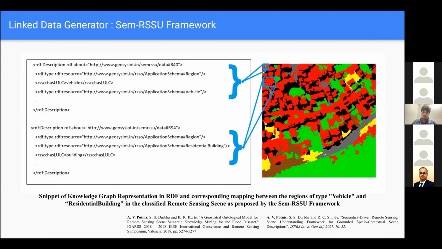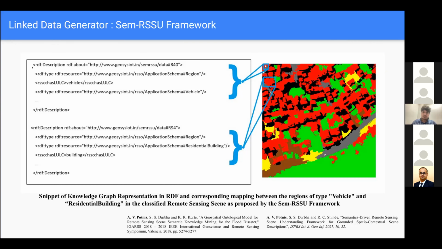You can see that this small white colored region that has been correctly classified as a vehicle is actually translated into its knowledge graph equivalent in this manner. So RDF that you see here in this XML based representation stands for Resource Description Framework. It is one of the ways in which you and me as researchers can represent knowledge graphs in a form that can be shared, right?